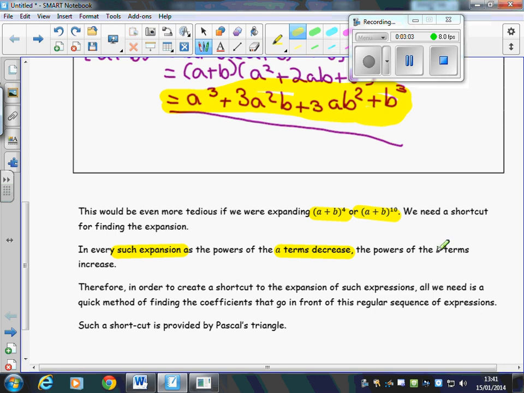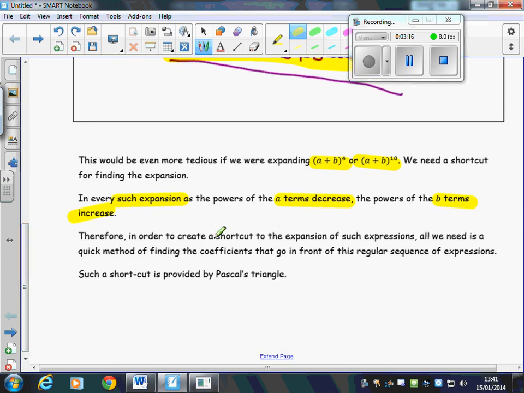And we can see that the powers of the b terms increase. Here we've got no b, but that means we've got b to the power of 0, and then we've got b, b squared, b cubed. So therefore, we can create a shortcut for the expansion of such expressions.